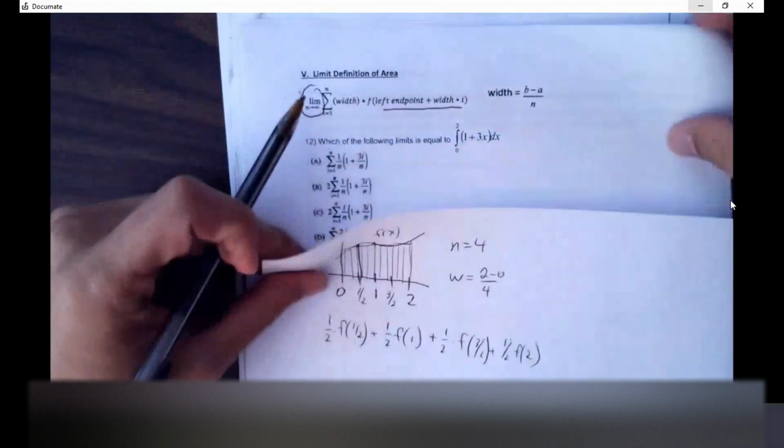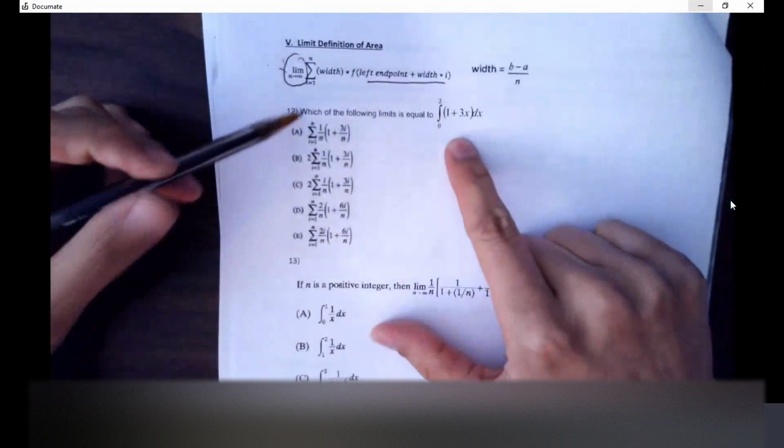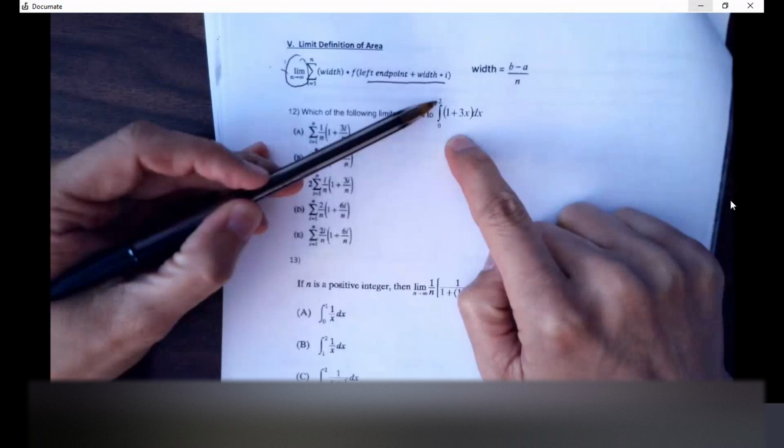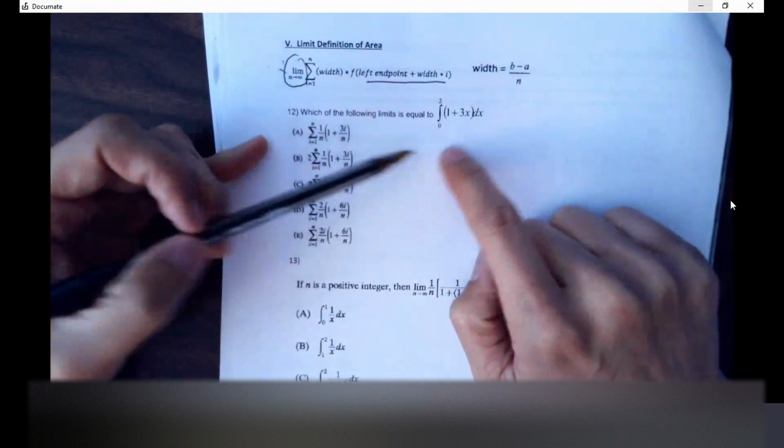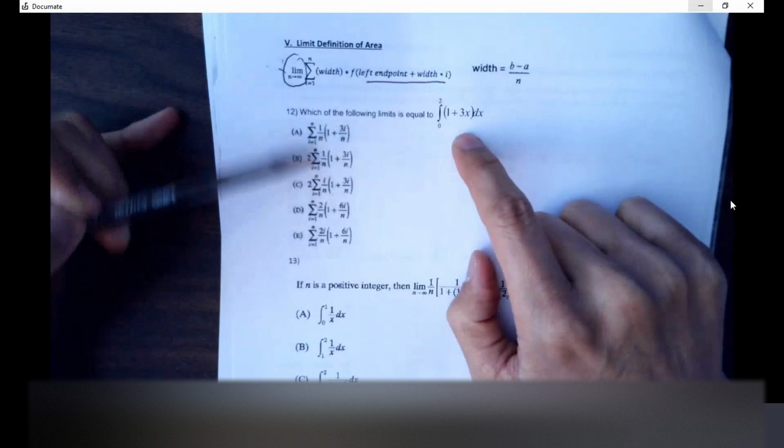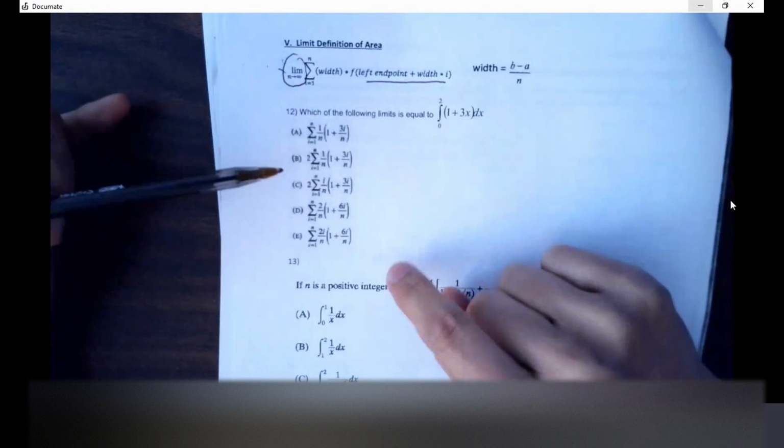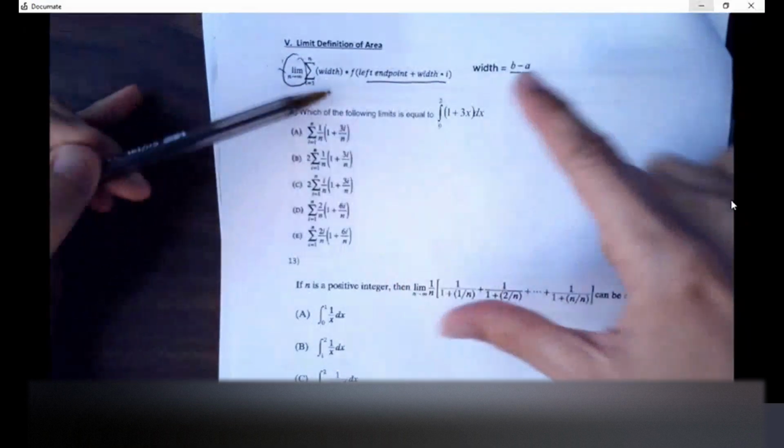So let's look at this problem here, number 12. Which of the following limits is equal to the integral from 0 to 2 of 1 plus 3x dx? We're going to go through this process of treating it like infinite rectangles, so we're just going to follow this formula.